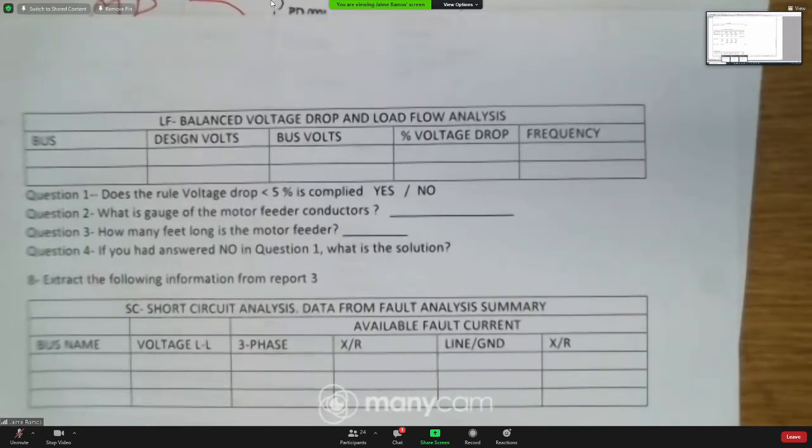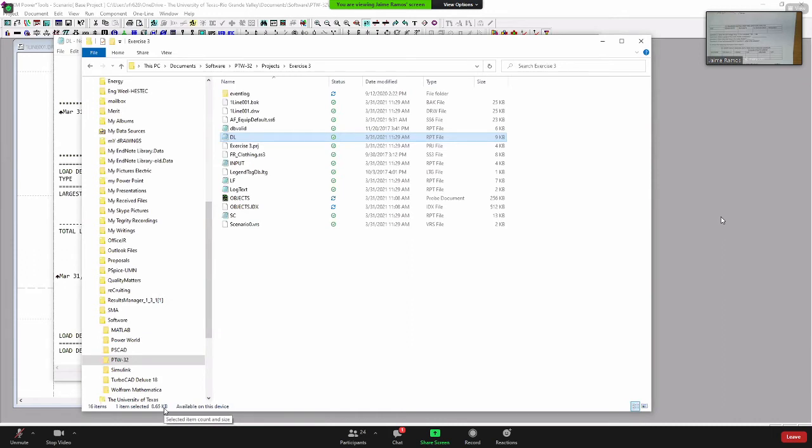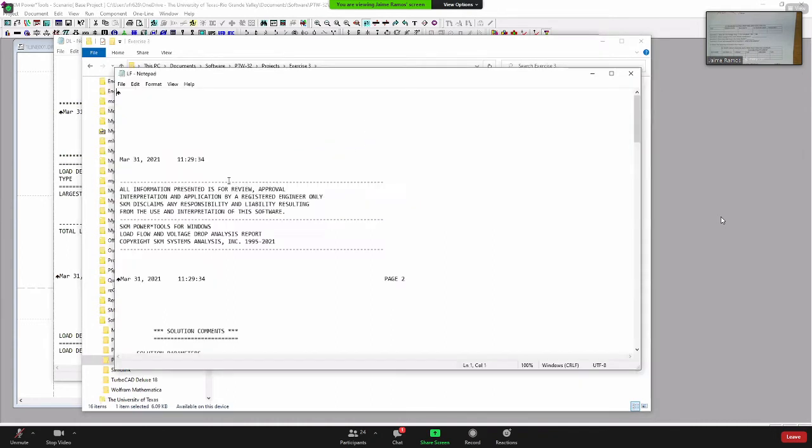Again, go to your directory path in your computer. Then locate LF, load flow, right here. And this is it. Okay, so the date is correct.